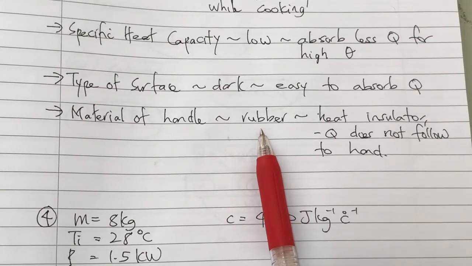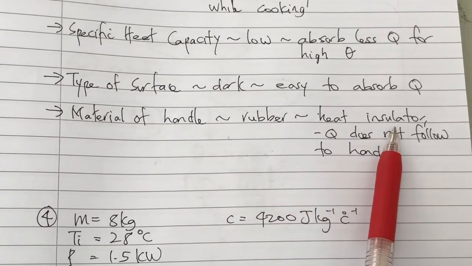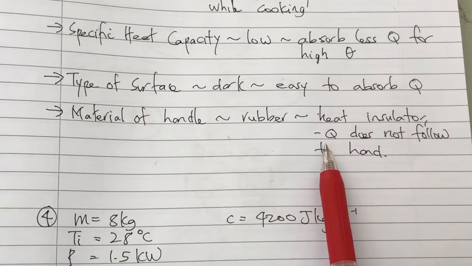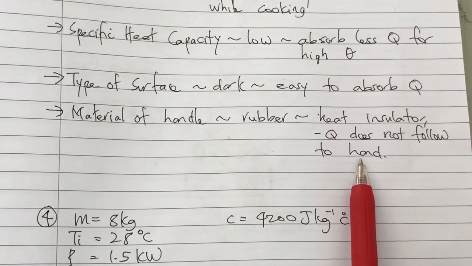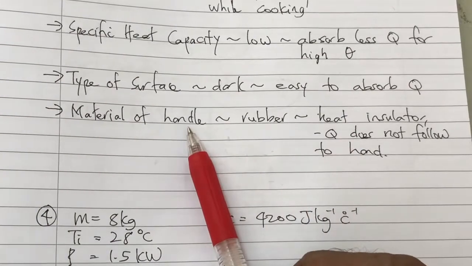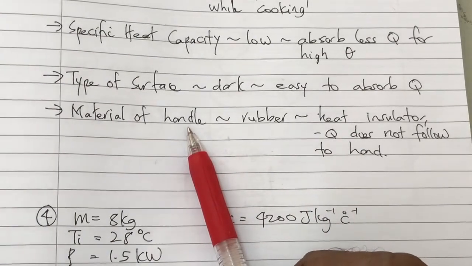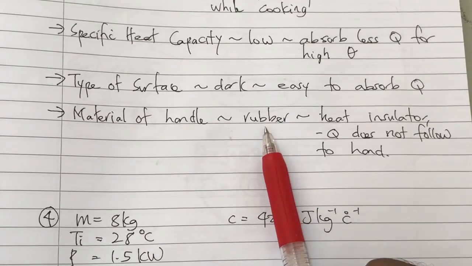Rubber. So it is a heat insulator. And the heat does not flow to the hand. Okay? Because we are going to touch the handle, it must be an insulator. So heat does not flow through to the hand.